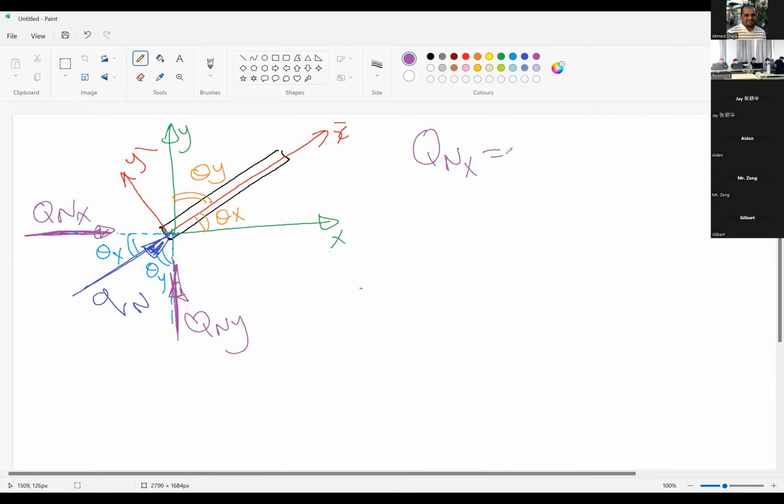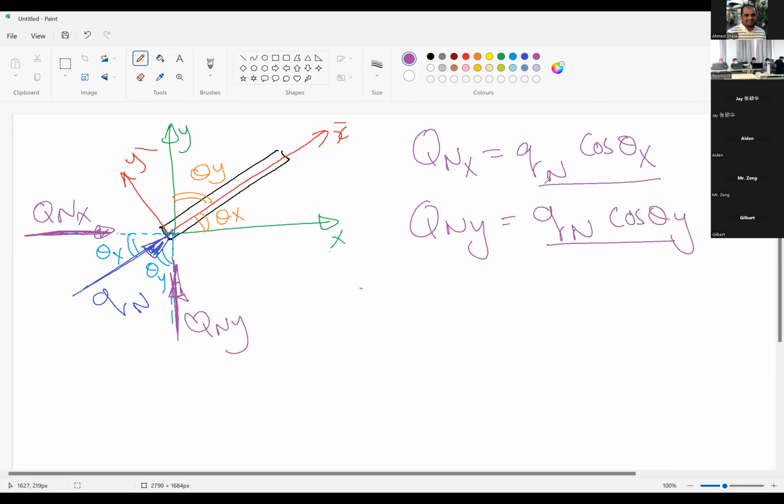Qnx will be Qn cosine theta x. Qny will be Qn cosine theta y. Okay, so x cosine theta x, y cosine theta y.